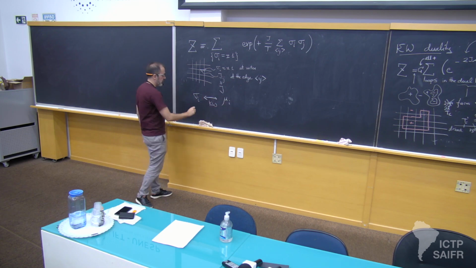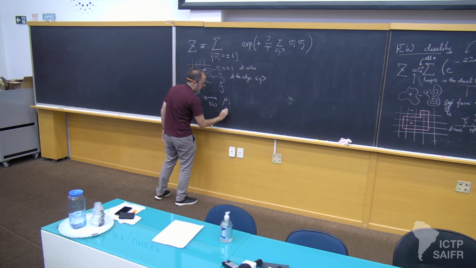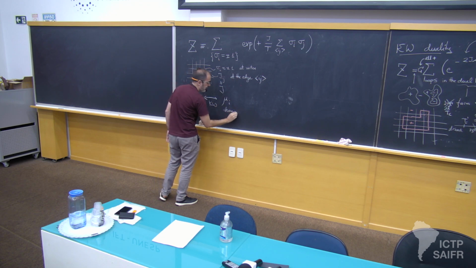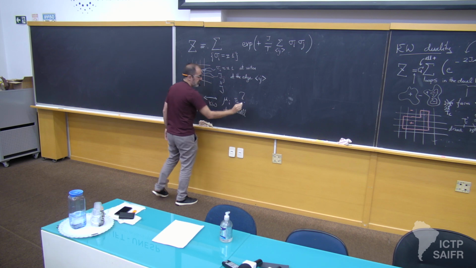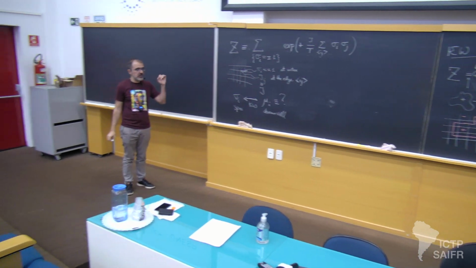And this guy should be related to domain walls, as this is related to spins. And the question is, what is the definition of this object? And that's what this paper solves.